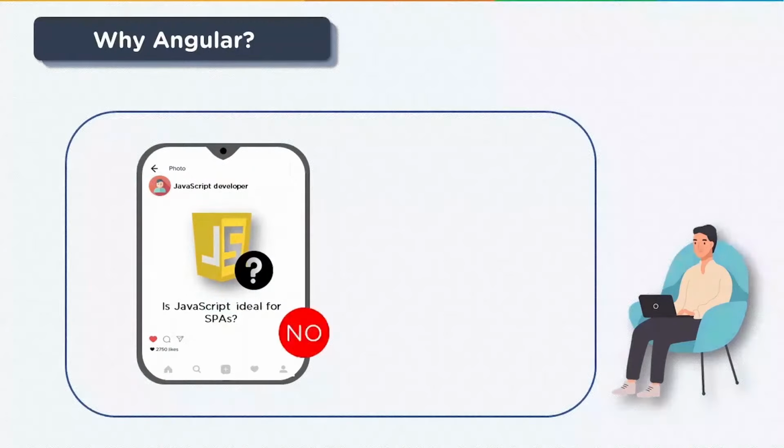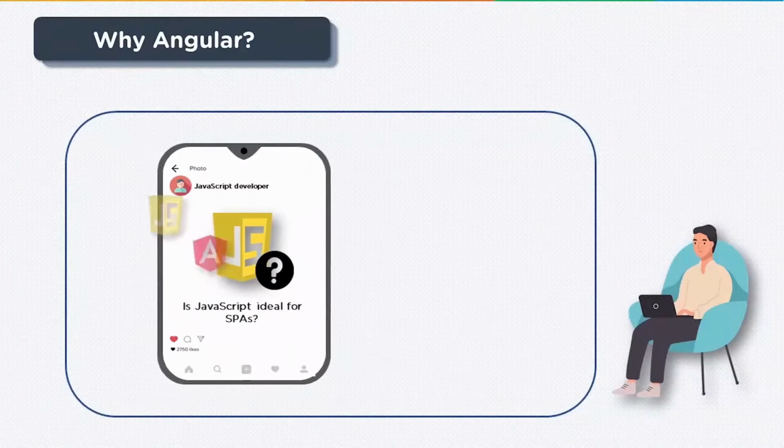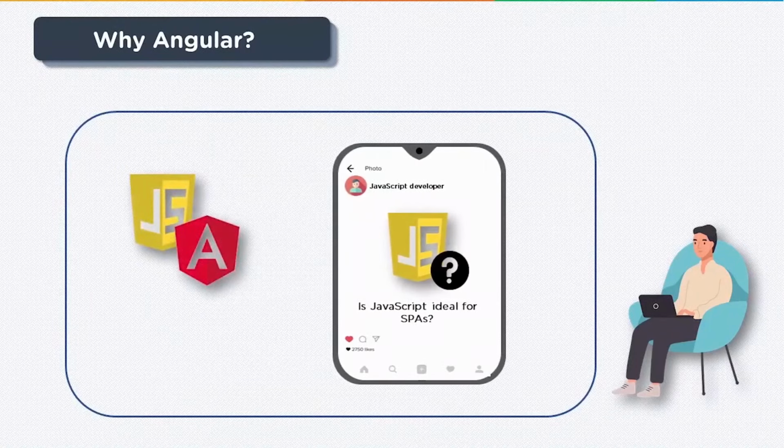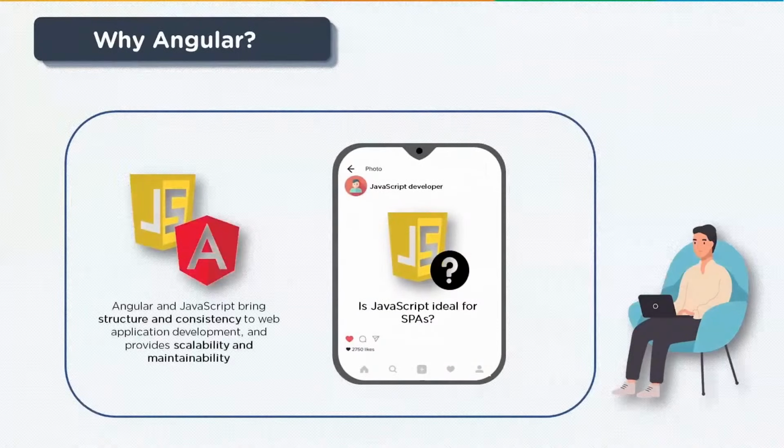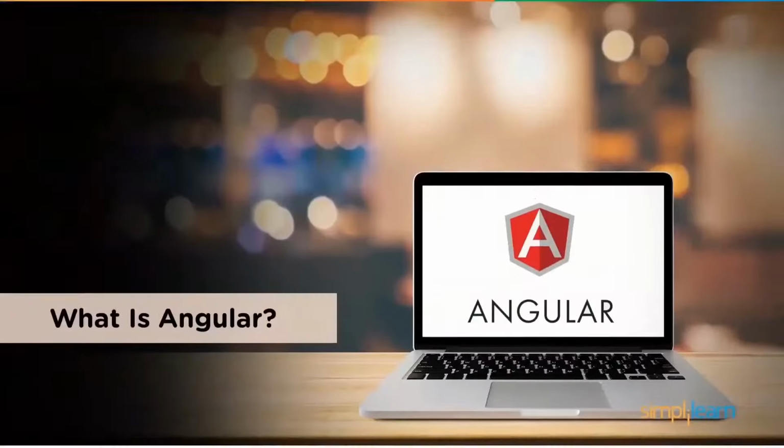Perhaps not. However, we have a variety of frameworks and libraries designed to help us with such things. With respect to front-end development, Angular and JavaScript together bring in structure and consistency to your web applications and also provide scalability and maintainability. Angular is specifically developed for single-page applications. So now the question arises, what exactly is Angular?